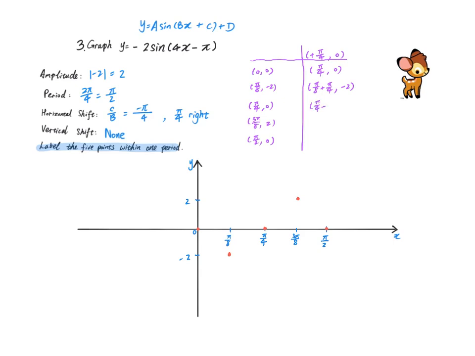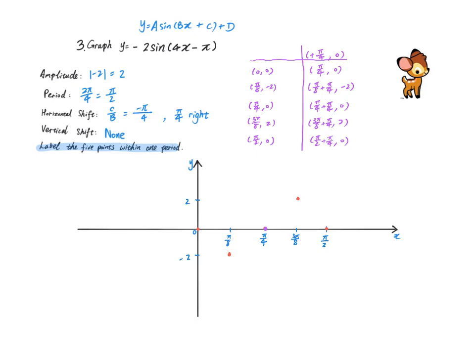Pi over 4 plus pi over 4, 0. 3 pi over 8 plus pi over 4, 2. Pi over 2 plus pi over 4, 0. Do not forget, we have to simplify those numbers. Pi over 4 has no need to simplify, right? I can see right here. So here is my new point, pi over 4.